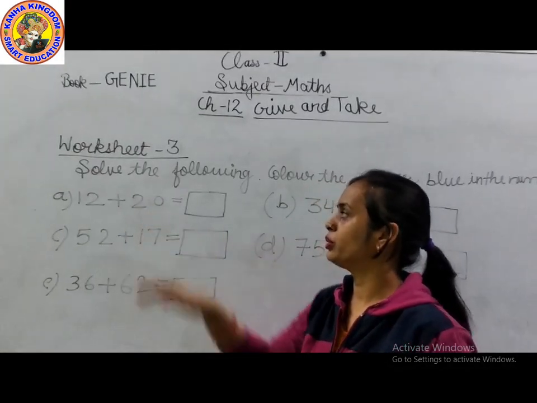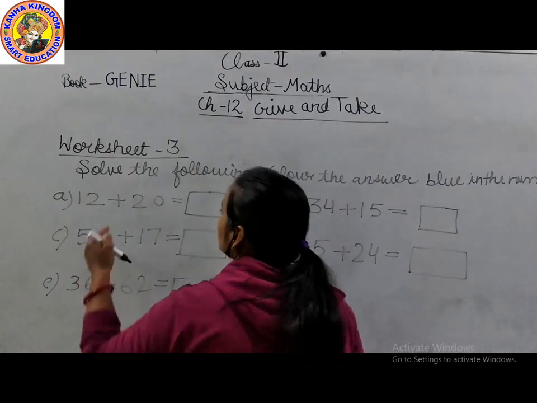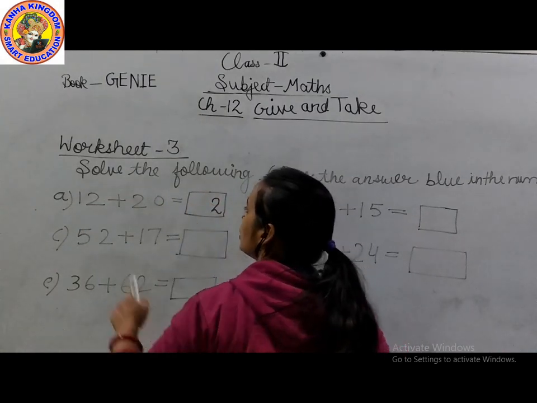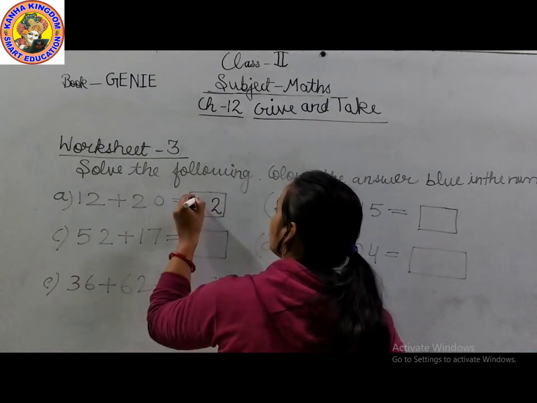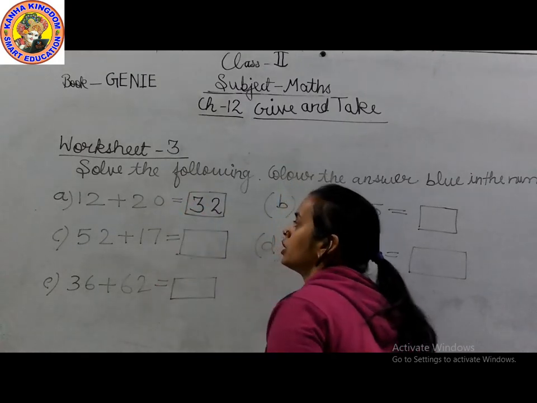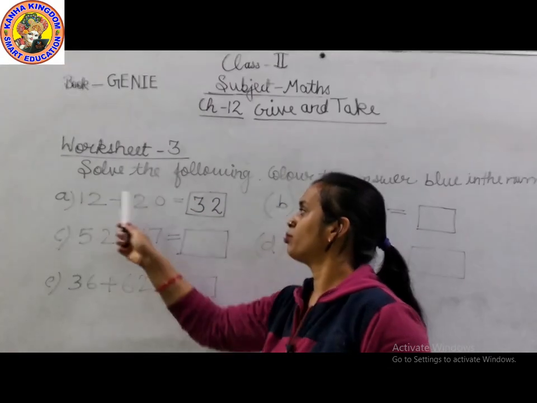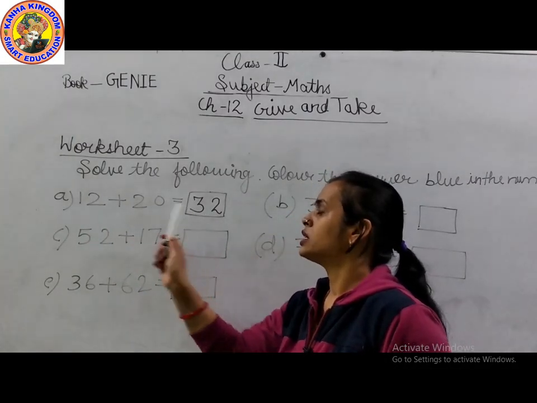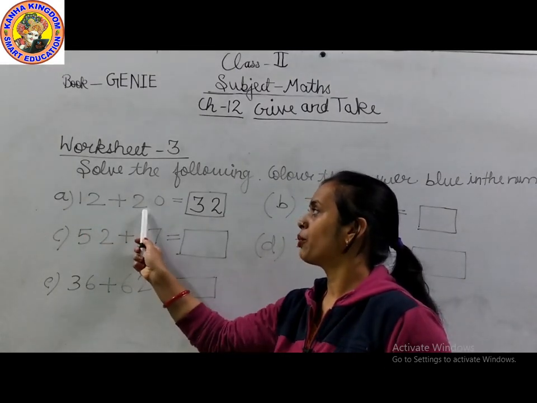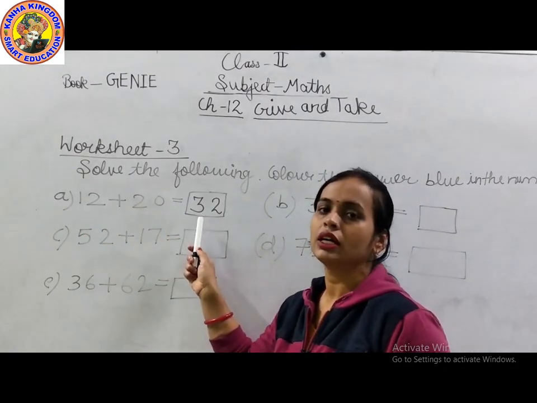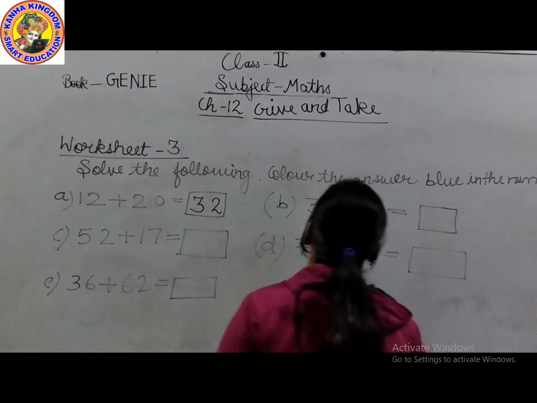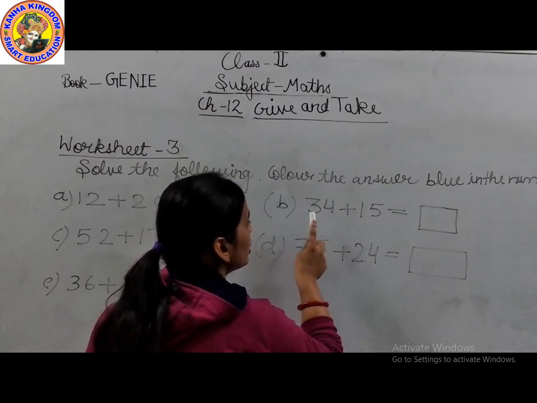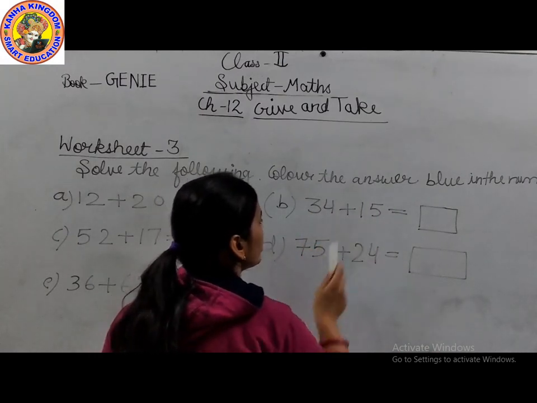12 plus 20. So 2 plus 0, 2, 1 plus 2, 3. Means 12 plus 20 equals to 32. Now next question. 34 plus 15.